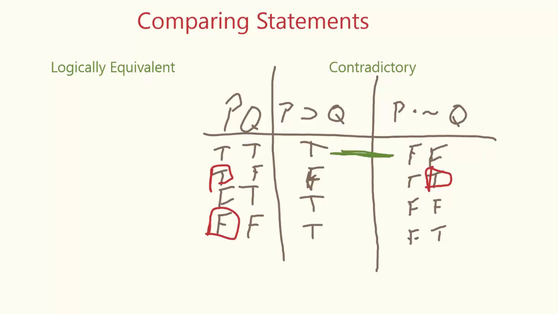So when the sentence, if P then Q is true, we see that it's false for P and not the case Q. And when if P then Q is false, P and not the case Q is true, and vice versa. So that's why these statements are contradictory. They always give the opposing truth value for any given situation.